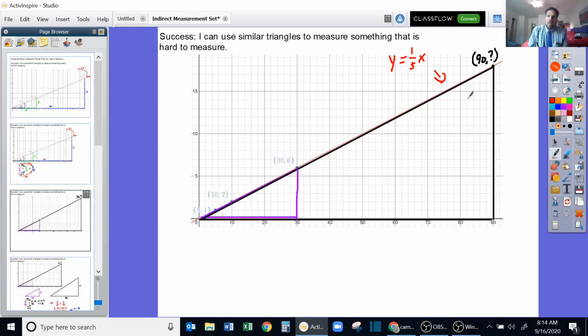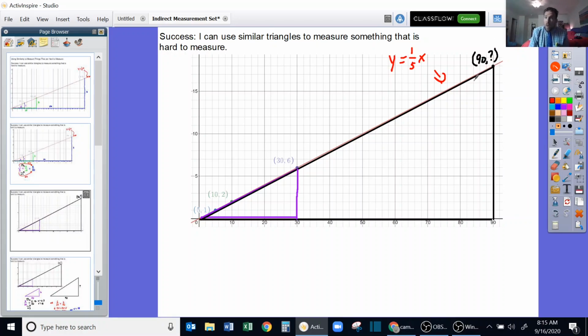Where would this point that's 90 units away from the origin, 90 in the x, what would the y coordinate be? And what we can do here is use similar triangles to find that piece.